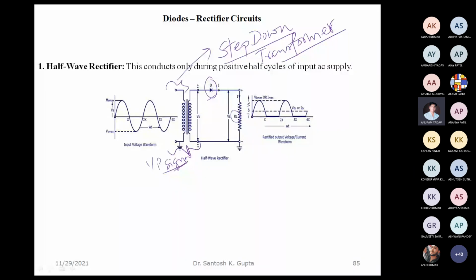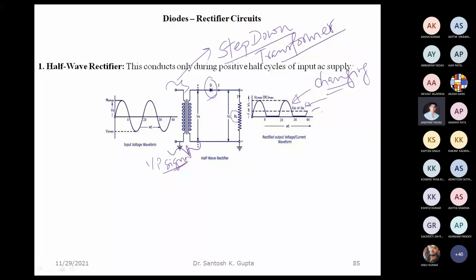So at the output here, we can see that we get only half of the input signal. This signal is also changing. Okay, it is not constant. We can see it is changing, but now the difference is that it has an average value which is non-zero.